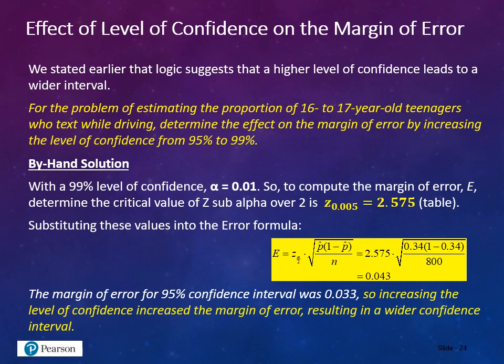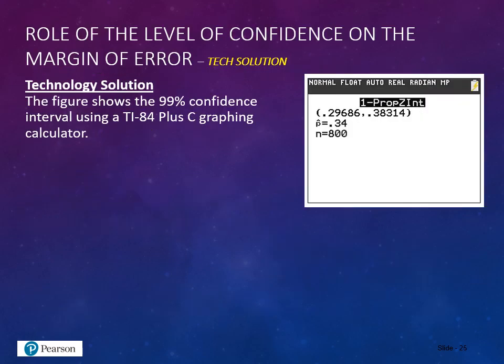So what this is saying is that a higher confidence level gives us a wider range of values that we can include as far as reporting that data.